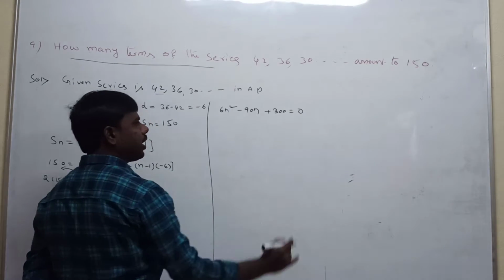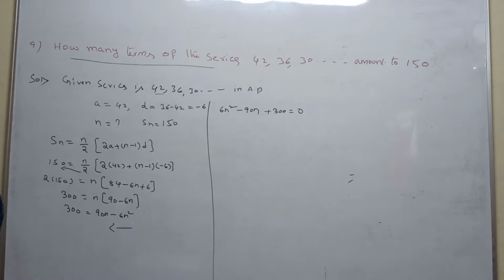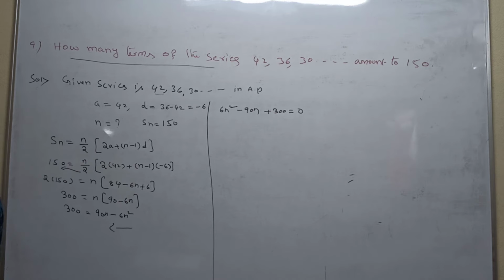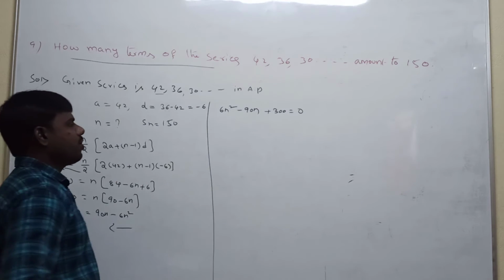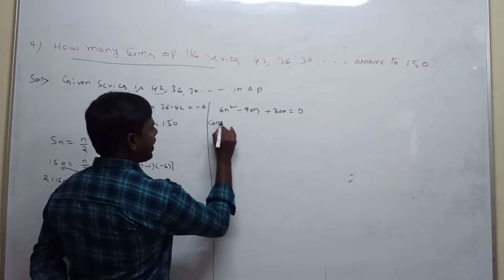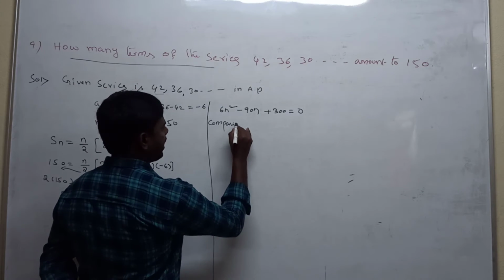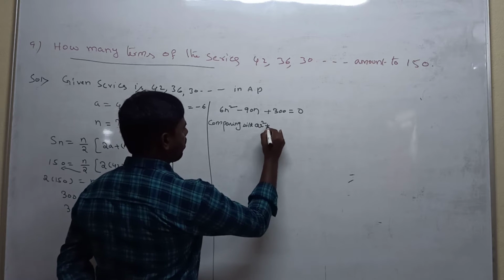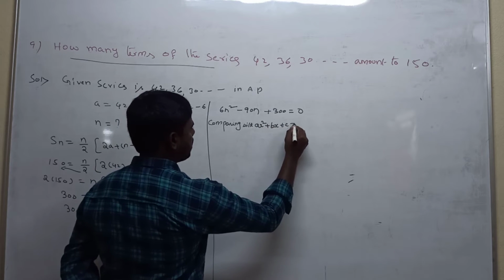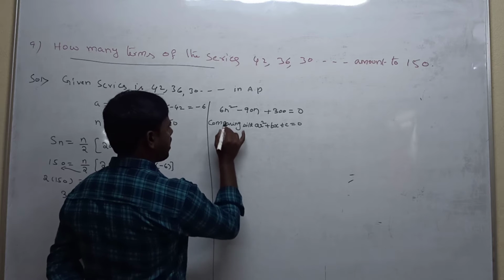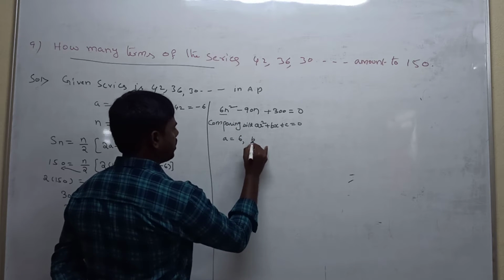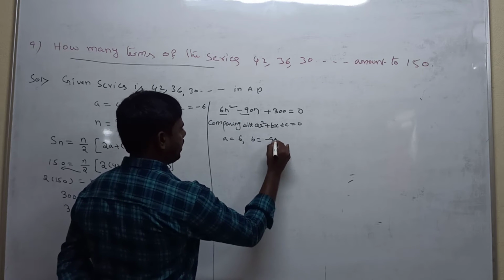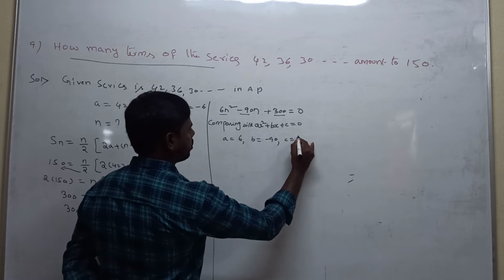We apply the quadratic formula: minus b plus or minus square root of b square minus 4ac by 2a. First step is comparing with the quadratic equation ax square plus bx plus c is equal to 0. a is 6, b is minus 90, c is 300.